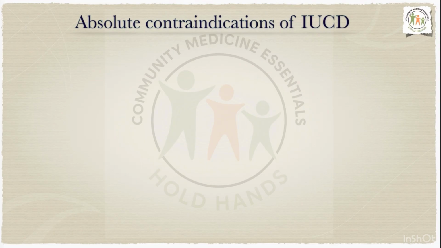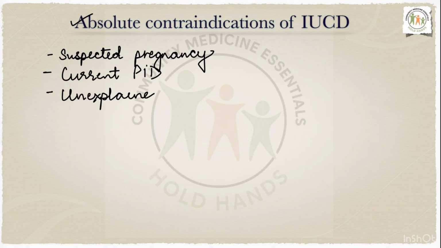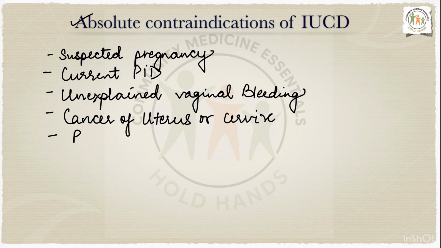Absolute contraindications for IUCD insertion include suspected pregnancy, current PID, unexplained vaginal bleeding, cancer of uterus or cervix, and previous ectopic pregnancy.